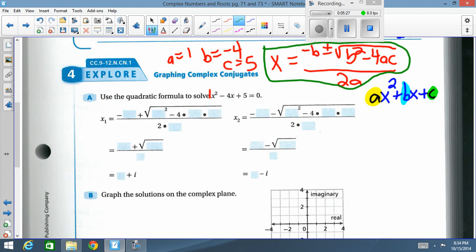So I know this is going to be 4 because it's the opposite of b. But because they already have the negative there, I'm going to put -4 here. So yes, it's going to look like I'm plugging in -4. Remember, when you have a minus and a negative, it becomes a positive, so that's why I have +4 here.